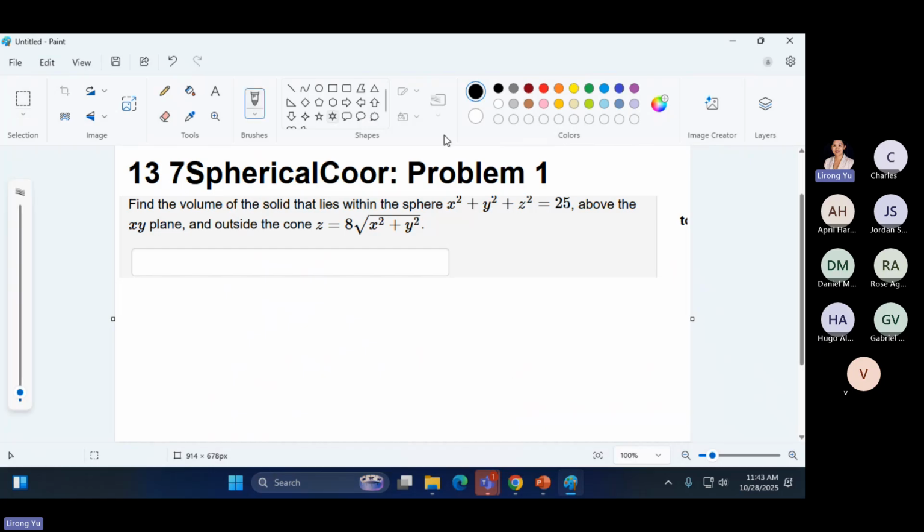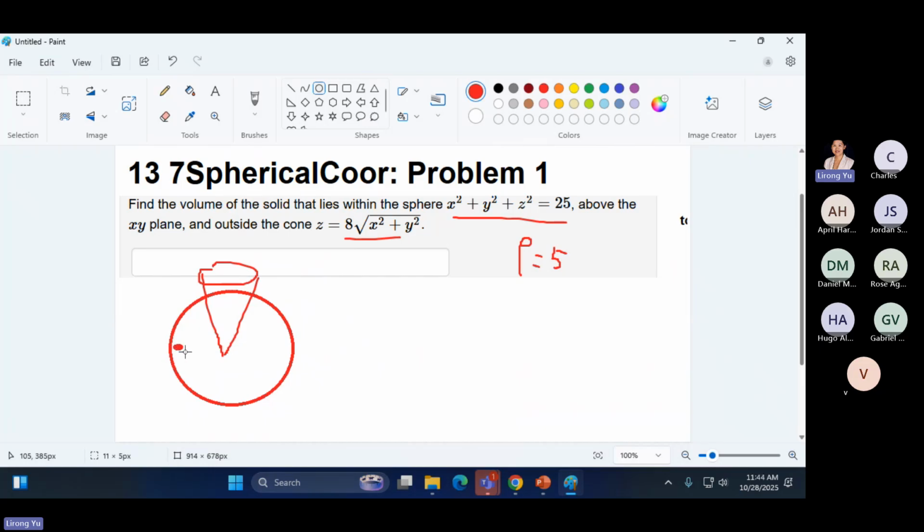So here we have this sphere, represented by rho equal to 5. So what it looks like is going like this. We have a cone, a really tall cone, and then we have a sphere.